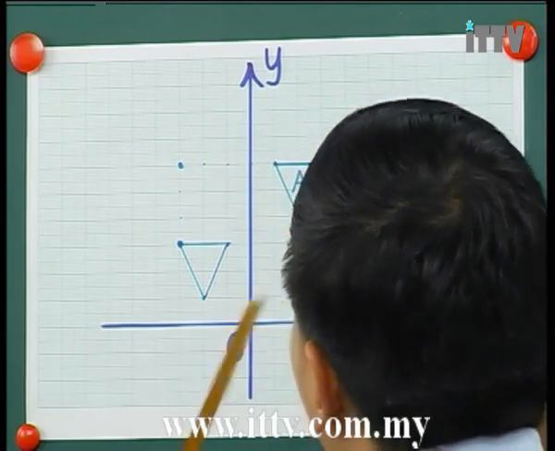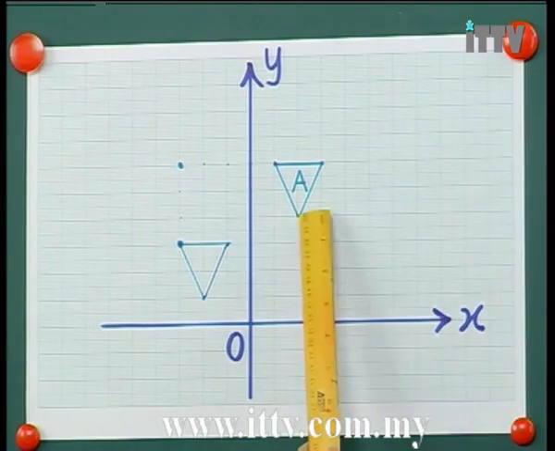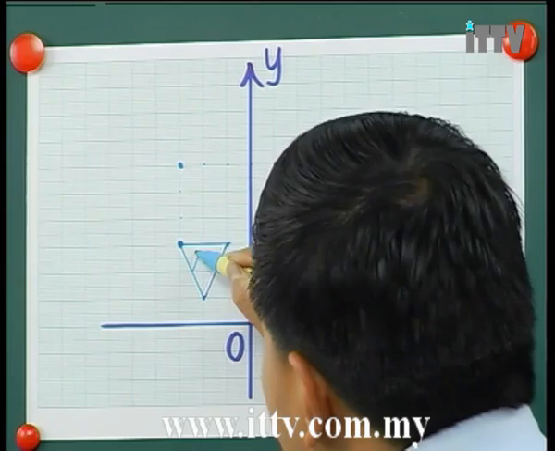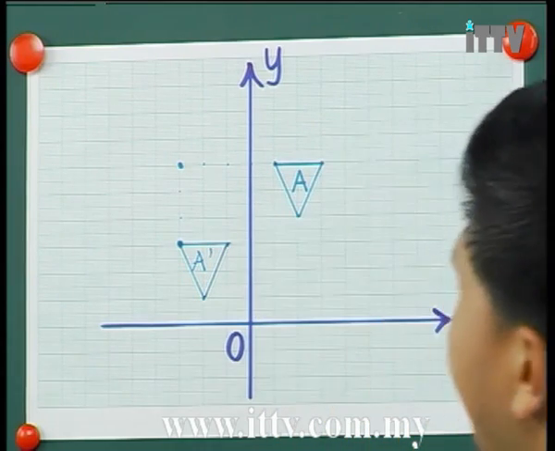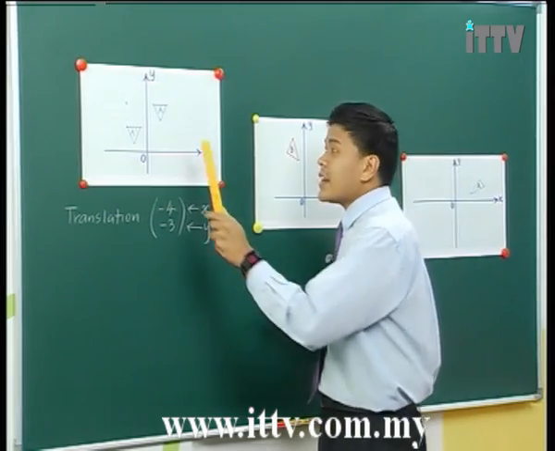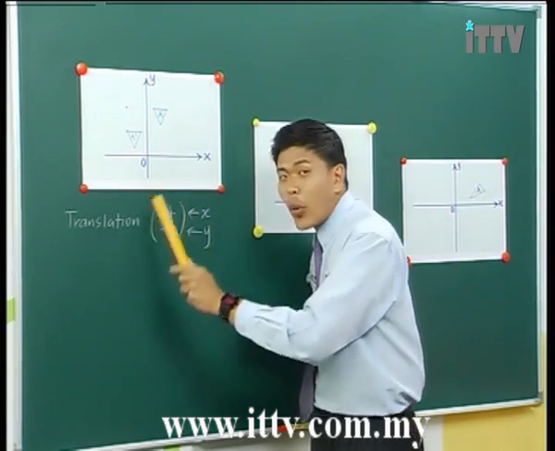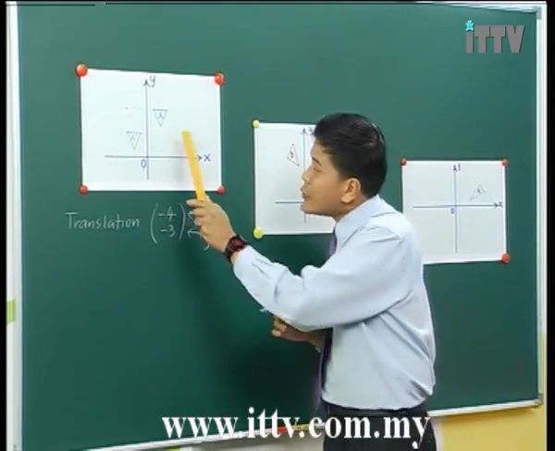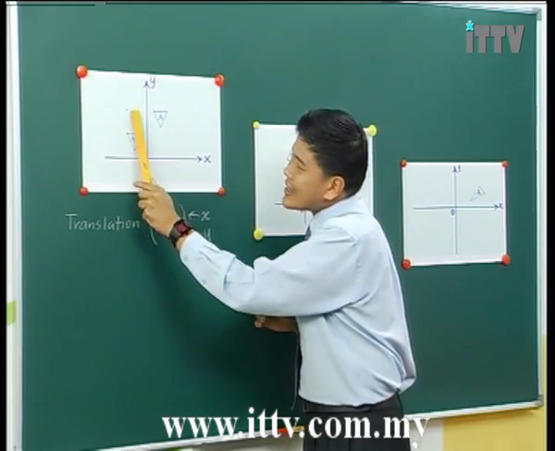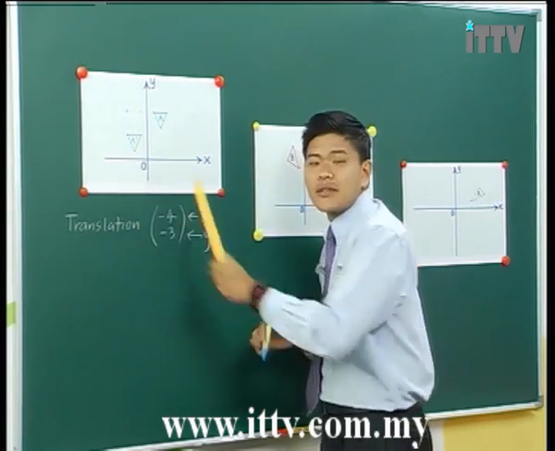This is the image of this object, and I always label it as A prime. Remember, in translation you always move x first and then y, not y first and then x. We say that it is like sliding to this image here.